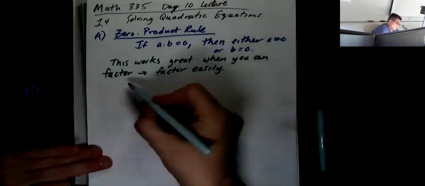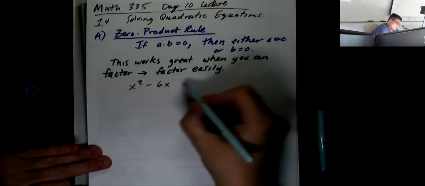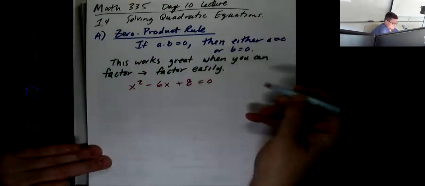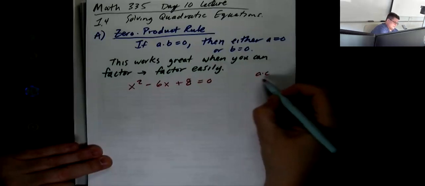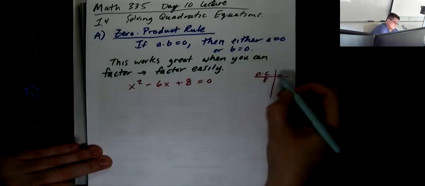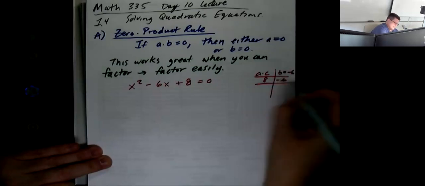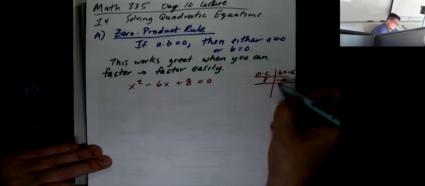For example, if we had x squared minus 6x plus 8 equals 0. We have A times C equals 8, B equals negative 6. And so the two numbers need to both be negative or both be positive. In this case, B is negative, so they both need to be negative.